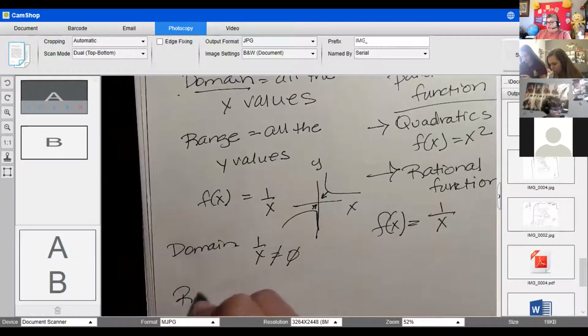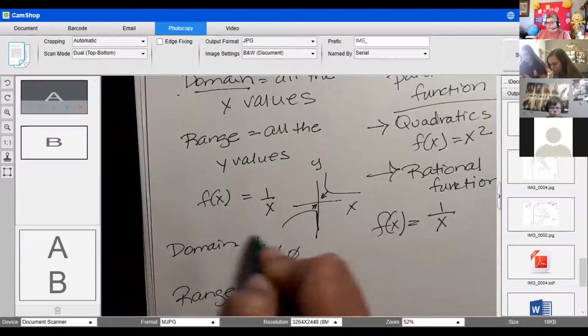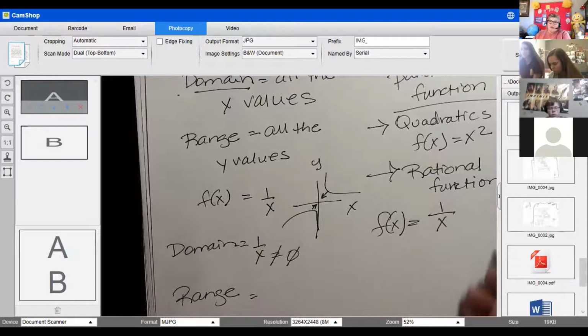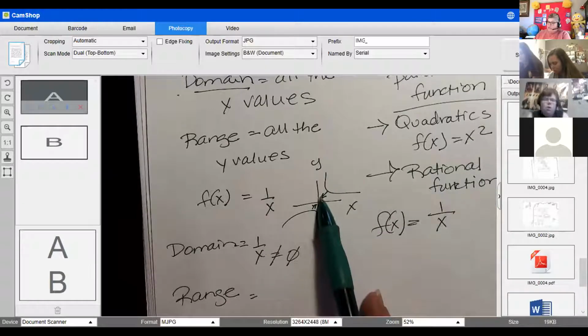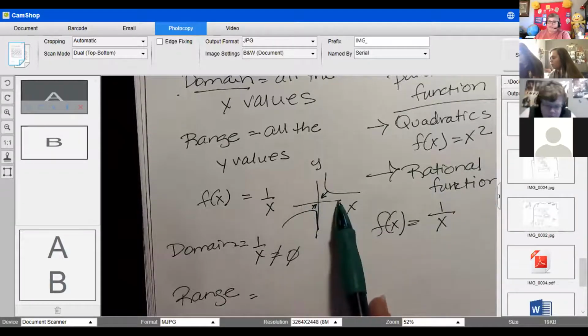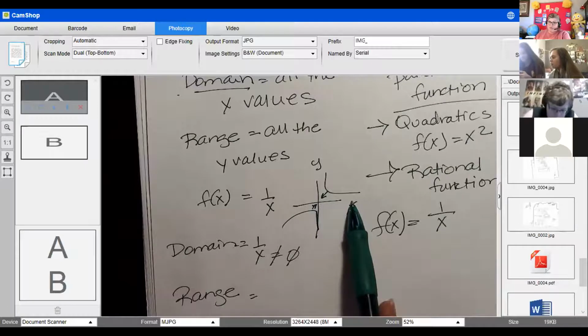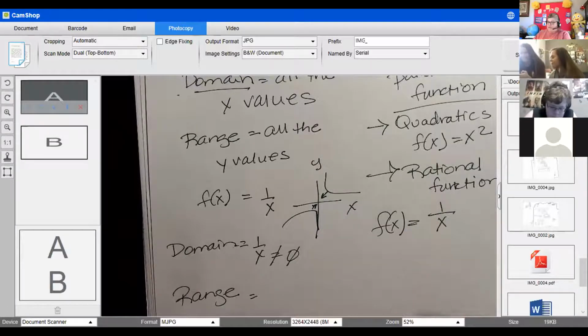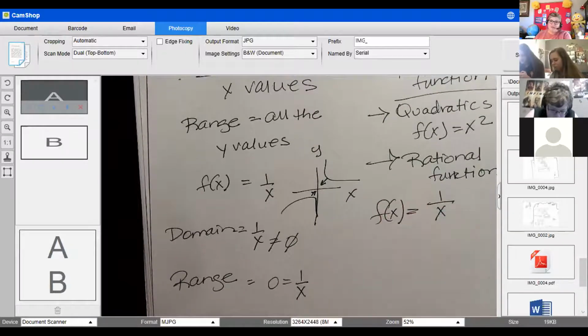If we're looking at the range, then the range never touches 0, because there's never a place where 0 is equal to 1 over x.